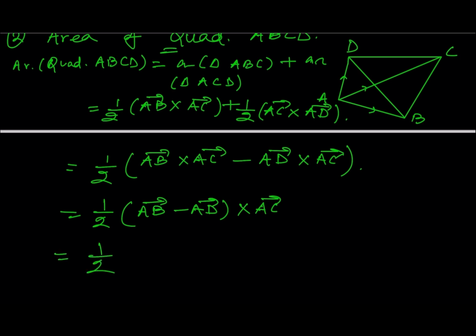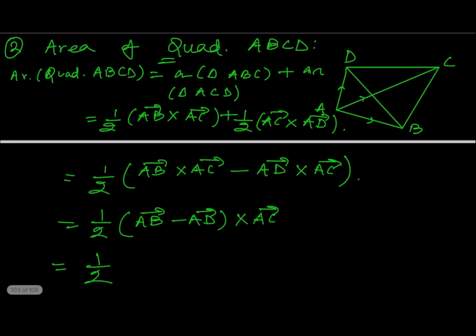Okay, and here if I see AB vector and AD vector, so AB vector plus BD vector is equal to AD vector. Same figure.